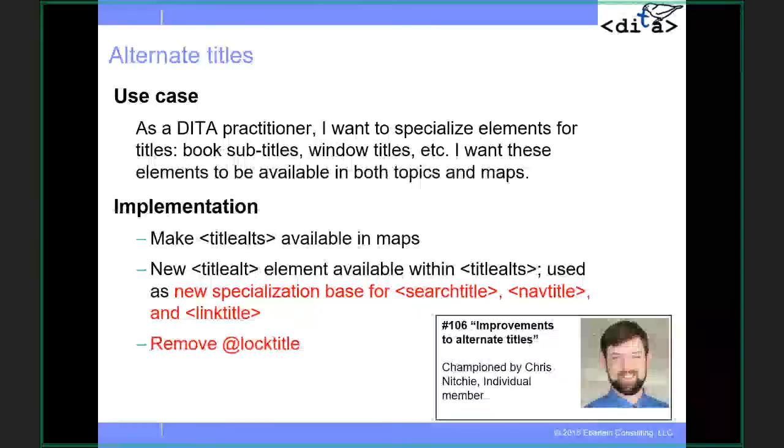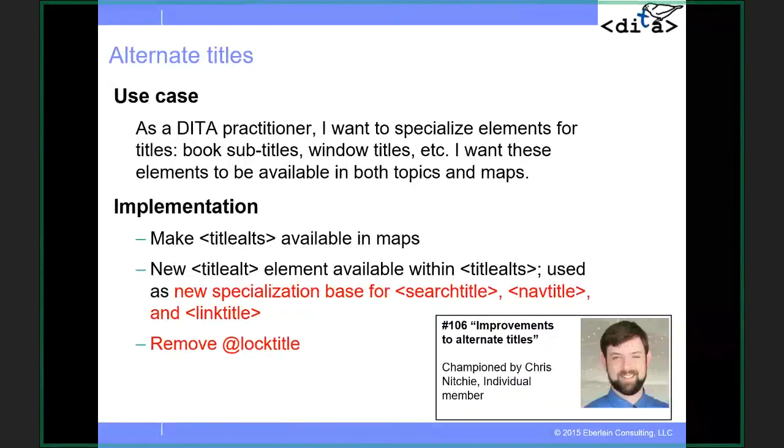We previously had alternative titles only available in topics. With DITA 2.0, they become available in maps. This new title alt element that we introduced becomes a new specialization base for search title, nav title, and link title.